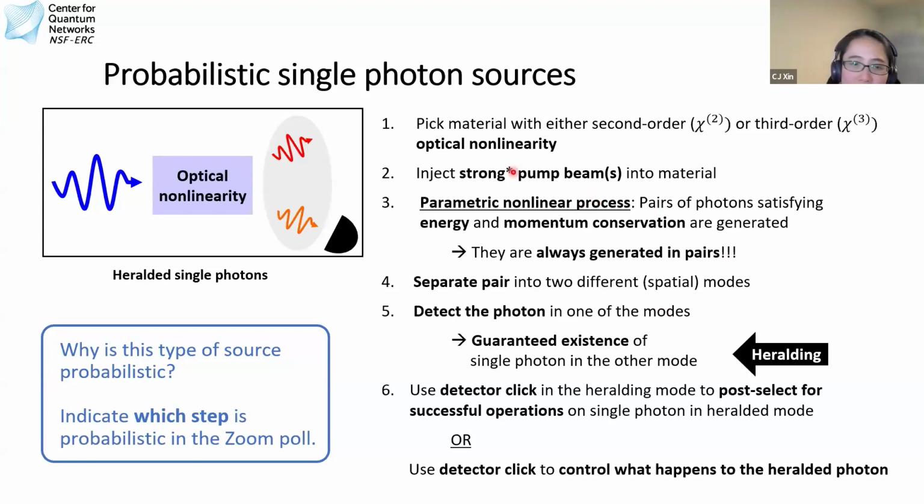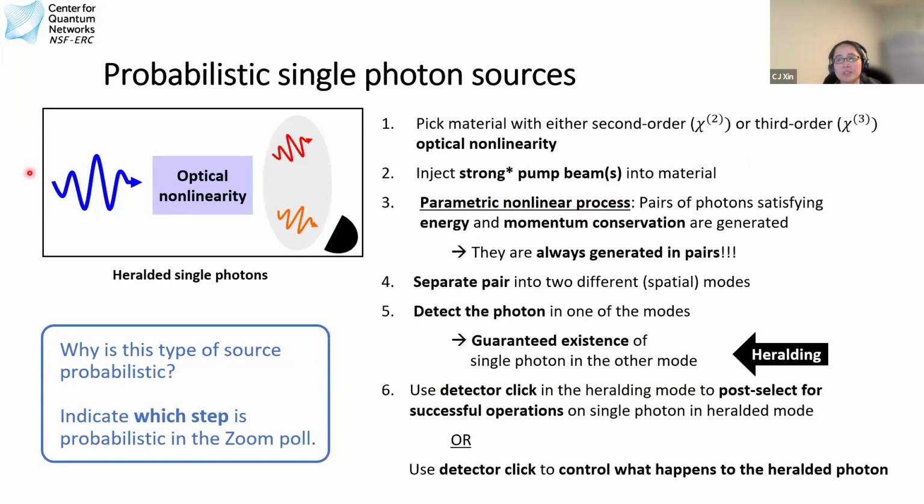Injecting a strong pump into the material: generally you don't really have a probability there unless something's wrong with your source. Number 4, separating the pair into two different modes. That one can actually be probabilistic depending on your implementation, especially if you aren't able to separate them into two different modes.